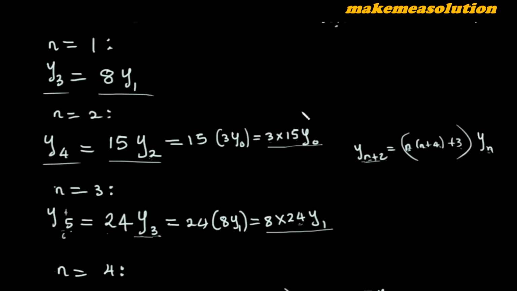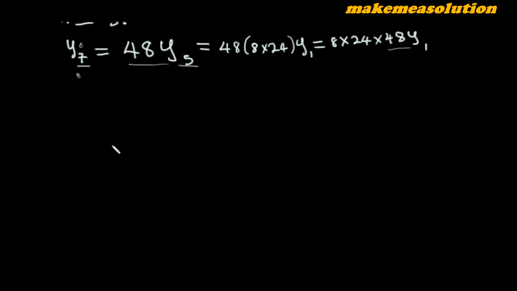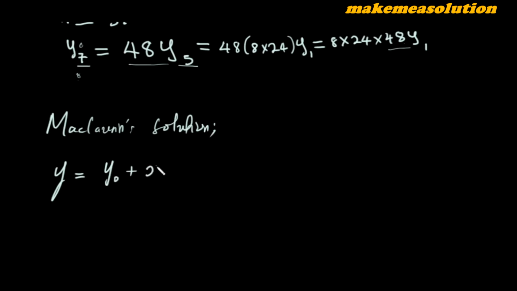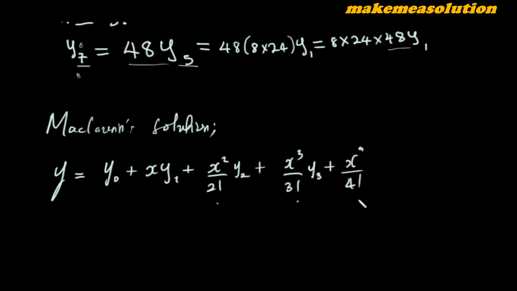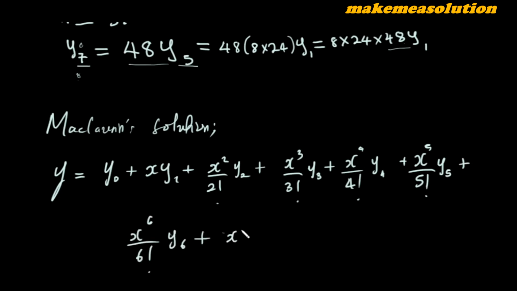So now that we've gotten our y1 from y1 up to y7, we can now write our solution, our Maclaurin solution is given to us as y is equal to y0, of course, then plus x y1 plus we have x squared over 2 factorial y2 plus x3 over 3 factorial y3 plus x4 over 4 factorial y4 plus x5 over 5 factorial y5 plus x6 over 6 factorial y6 plus x7 over 7 factorial y7.